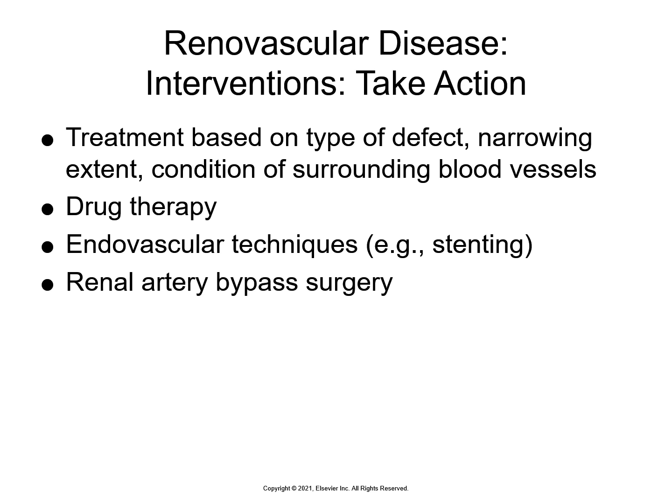You don't want them to get too low on the blood pressure because you've already got a problem with the renal blood flow. And sometimes they can do a stent through an endovascular study, and they can actually put a stent in there to open it up. And occasionally they'll have to have a bypass, a renal artery bypass therapy or surgery.